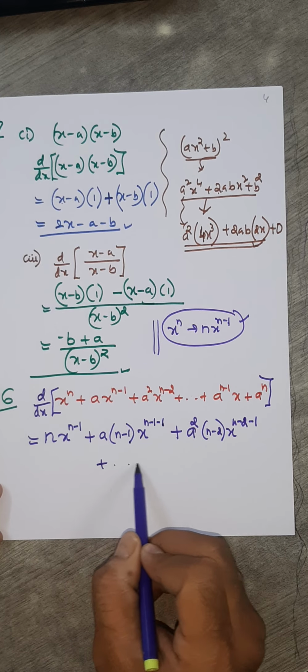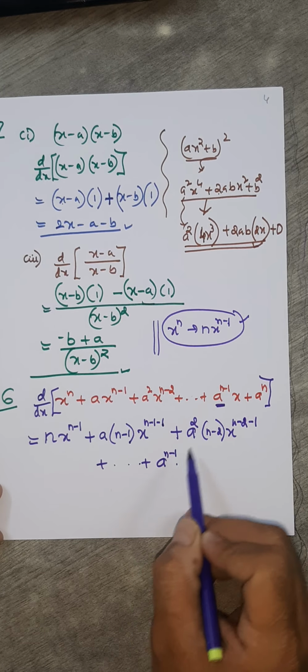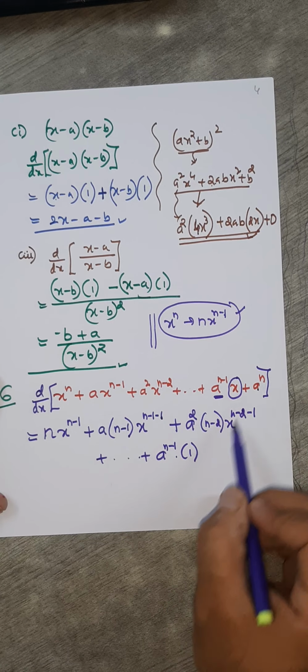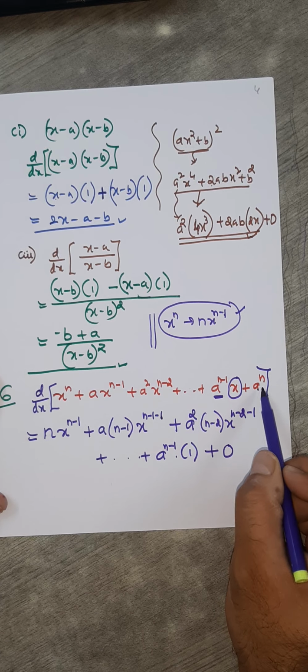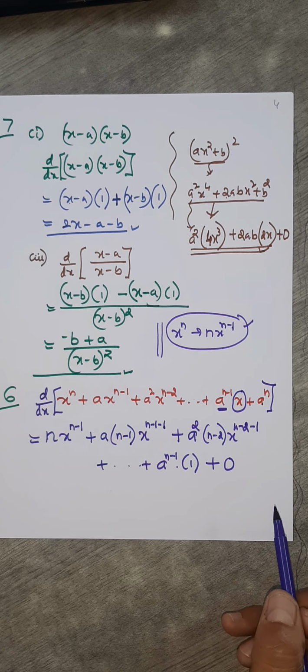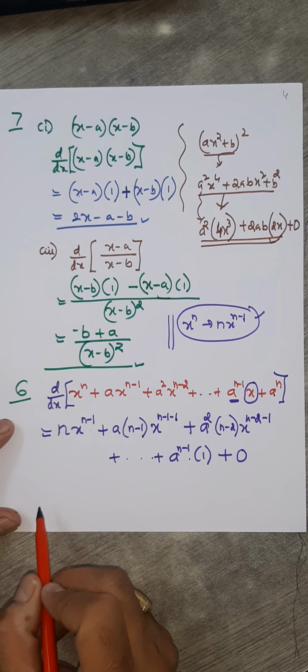Now, and so on, come to the second last. a raised to n minus 1 being constant as it is. Differentiation of x with respect to x is 1. a raised to n being constant alone. This is a constant. X is not there, means it's a constant. Whenever x is involved, it's not a constant. Your x is not involved, means it's a constant, so the derivative is 0.